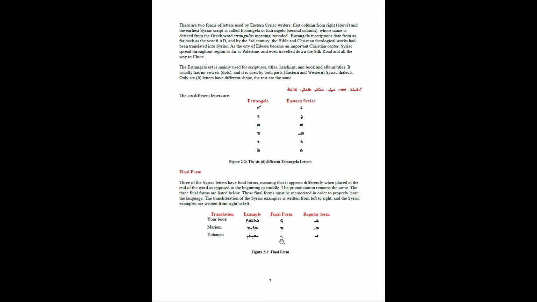Noon, this is the final form when it stands alone. Noon means it does not join from the right side, and we're going to talk about that later. Noon, this is the final form, and I have it here, the last two letters, Yohanan. Yohanan is a male name, and Yohanan means John in English.